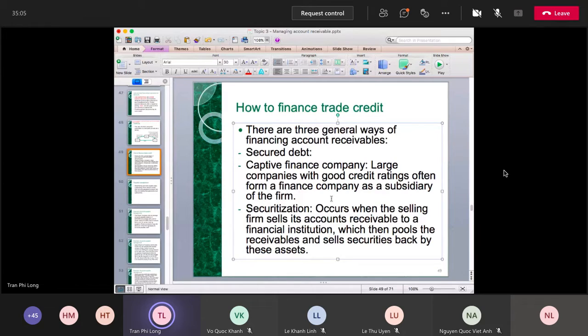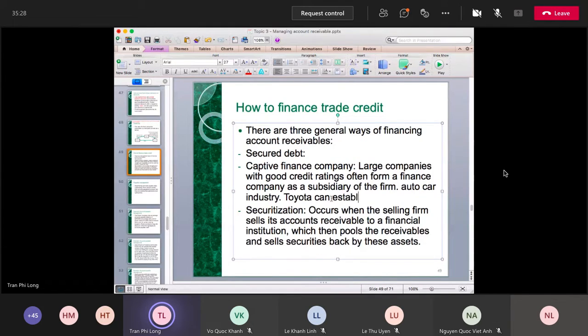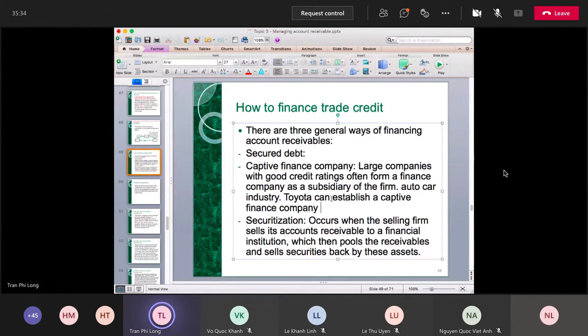The captive finance company, usually you can find in the auto car industry. For example, Toyota can establish a captive finance company.